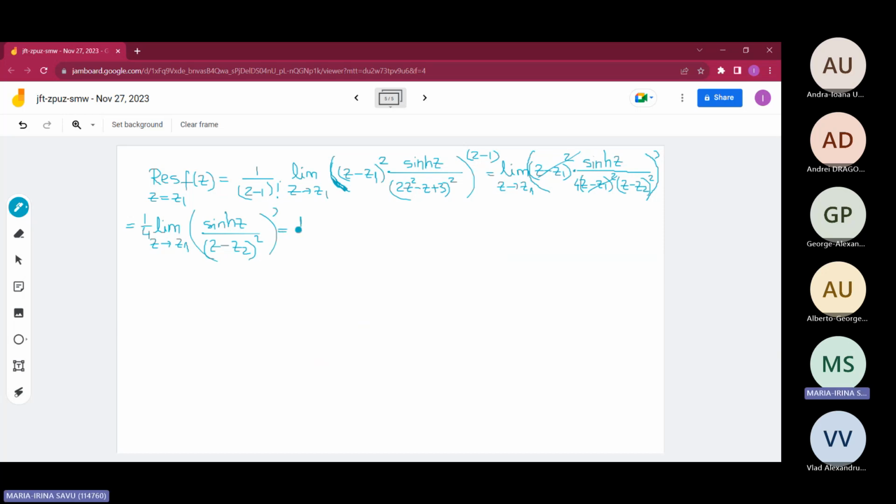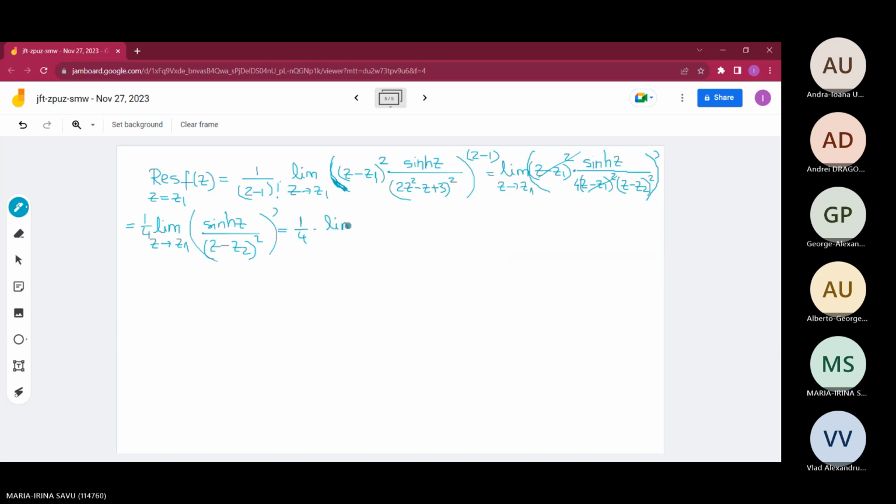You have a product or fraction here, so you can see this as a product or a fraction as you want. If you see it as a product, you have to write it as times (z minus z2) to the power minus 2 and compute the derivative as a product. If not, you could compute the derivative of this function as a fraction.